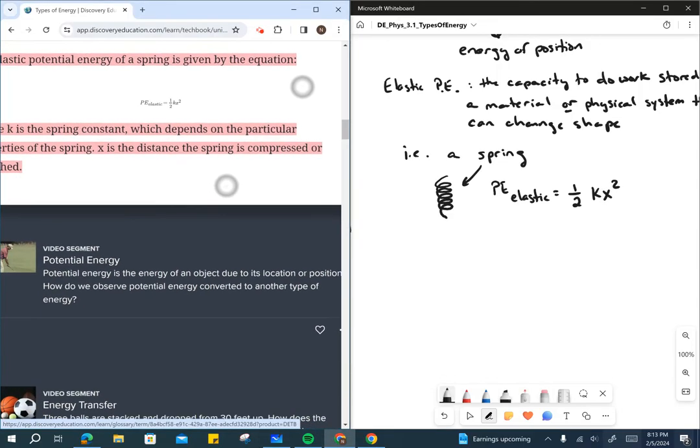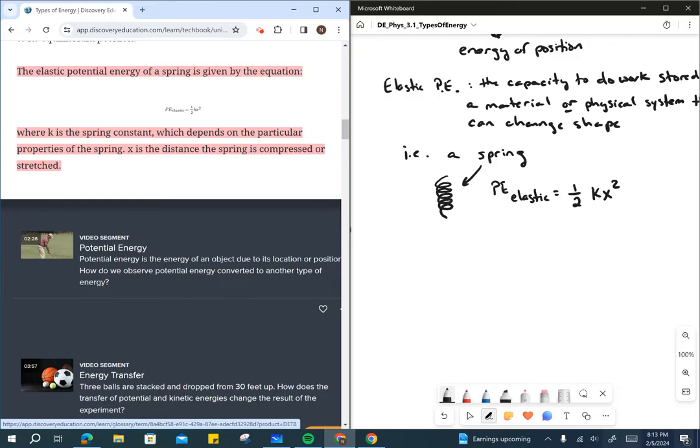Okay, now hopefully they're going to define this for us, right? Where K is the spring constant, which depends on the particular properties of the spring. Well, that makes sense. You could have a spring that's made out of iron. You could have a spring that's made out of copper. All these different metals are going to have different attributes, right? So this constant value depends on the material.